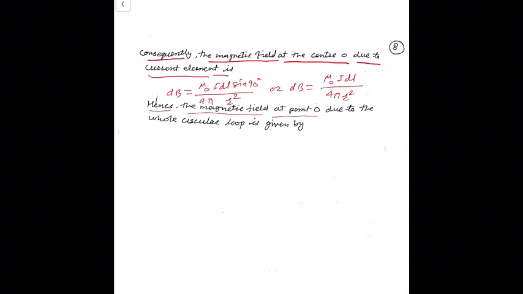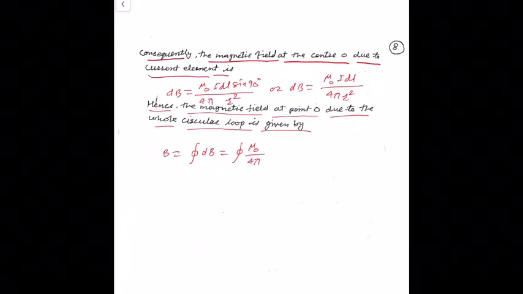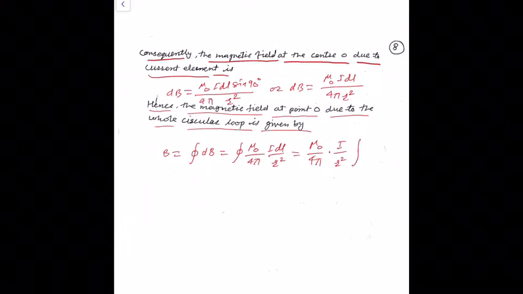Hence the magnetic field at point O due to the whole circular loop is given by B equal to closed line integral dB, equal to integration mu naught upon 4 pi I dl upon r square, or we can write mu naught upon 4 pi constant, I constant, r square constant. So closed integration dl.